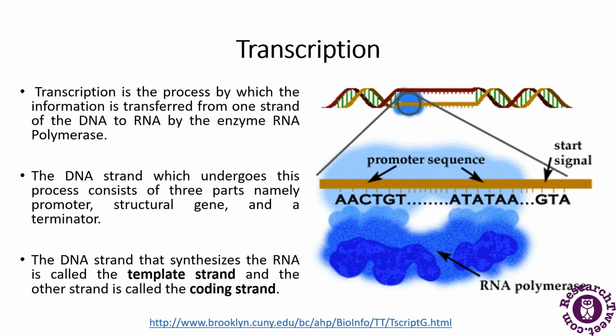Now, first is transcription. What is transcription? It is the process by which the information is transferred from one strand of the DNA to the RNA by an enzyme. Which enzyme is used here? The enzyme used is RNA polymerase, because here DNA is getting converted to RNA.